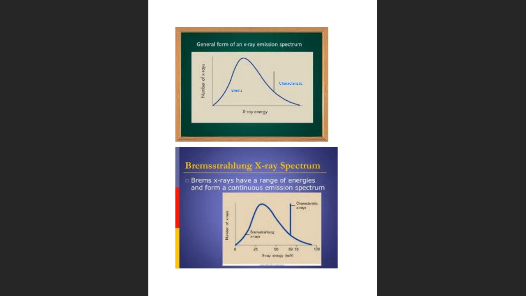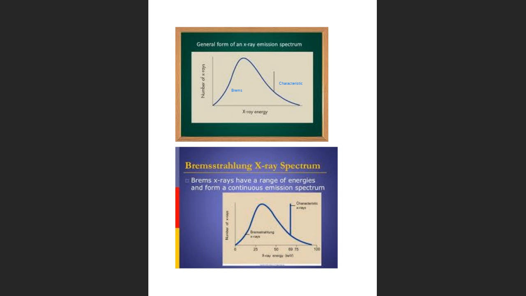The first thing is what the emission spectrum actually is. We have to think about a couple things first before we narrow it down to the emission spectrum itself. What we're talking about here is the quality and quantity of the X-ray beam itself.